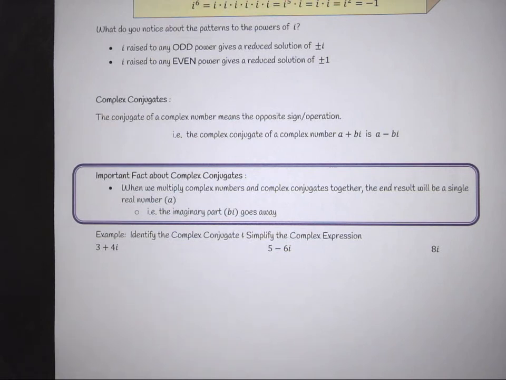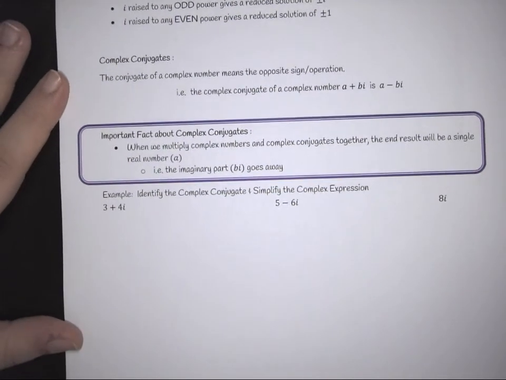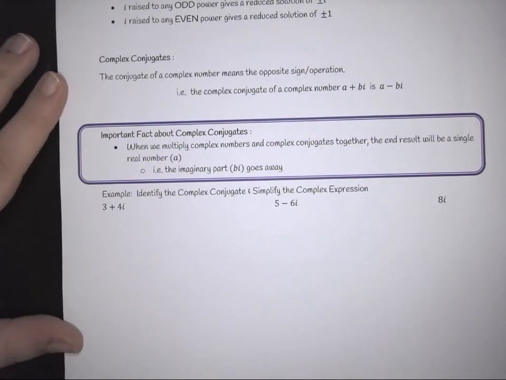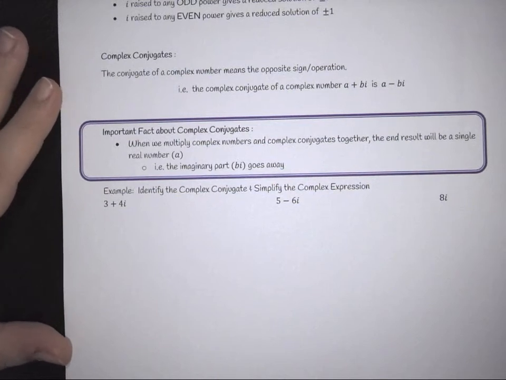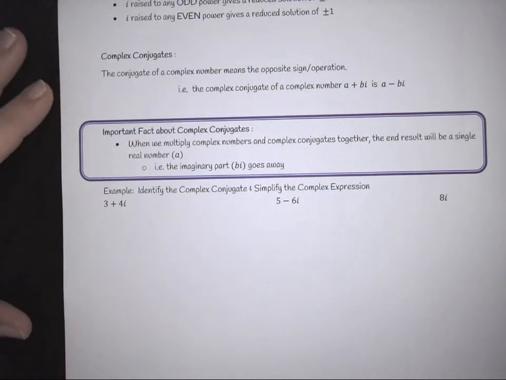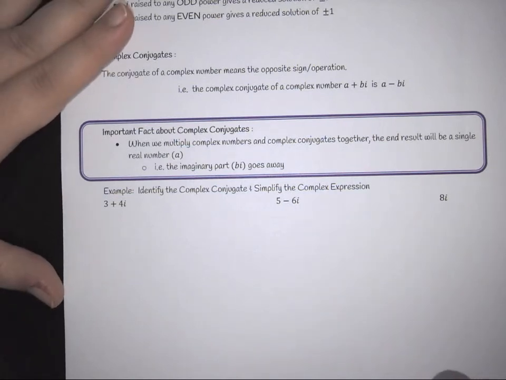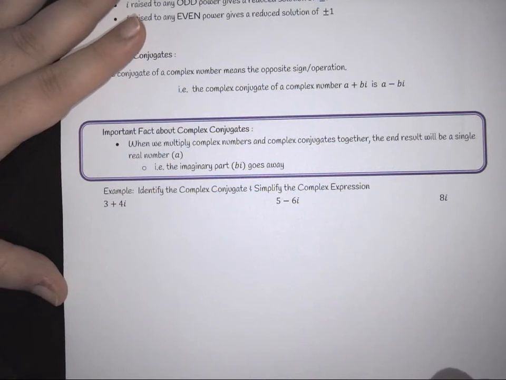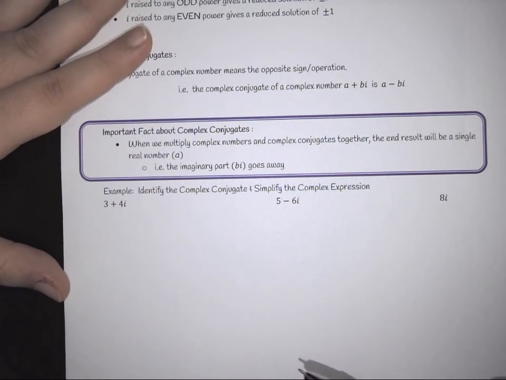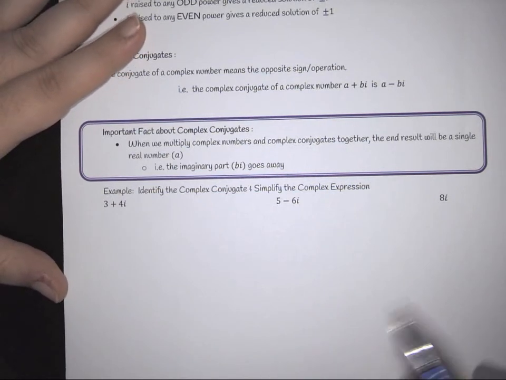Now, we use this idea when we work with complex conjugates. A complex conjugate is the same as a regular conjugate. The only difference is the i is part of the conjugate here. So if I have 3 plus 4i, the complex conjugate says I'm going to keep the numbers and the i the same, but I am going to use the opposite sign.